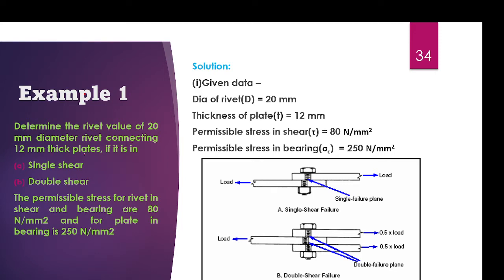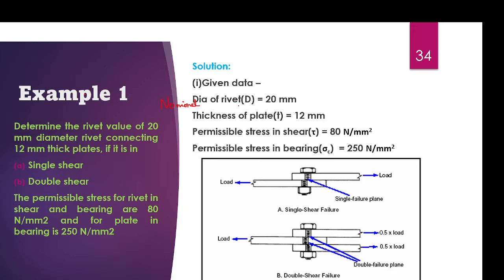So in this question, until now, we have two data, that is diameter, or you can say nominal dia of rivet, which is given by D equal to 20 mm, and connecting 12 thick plate, that is the thickness of the plate T equal to 12.